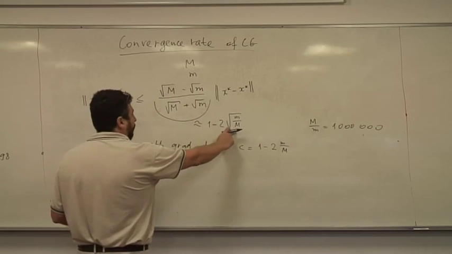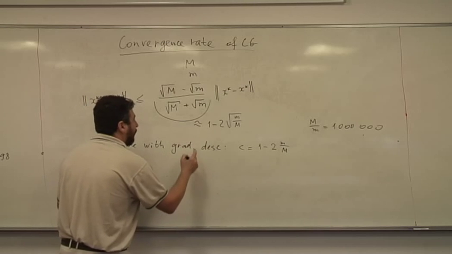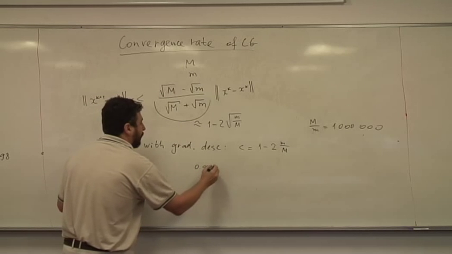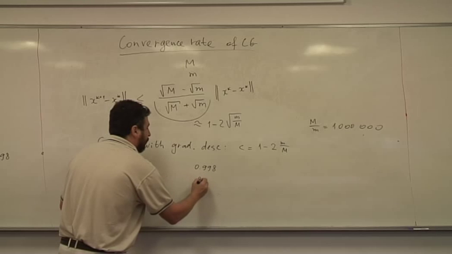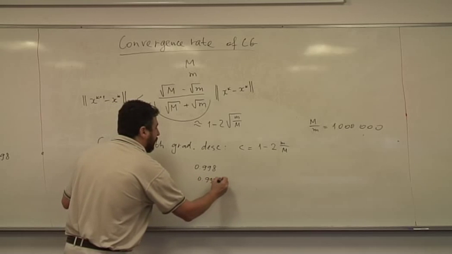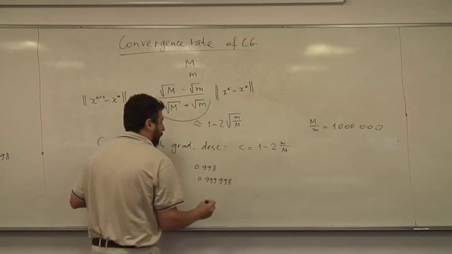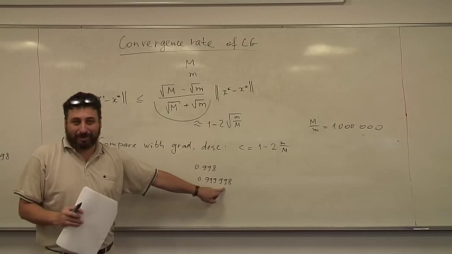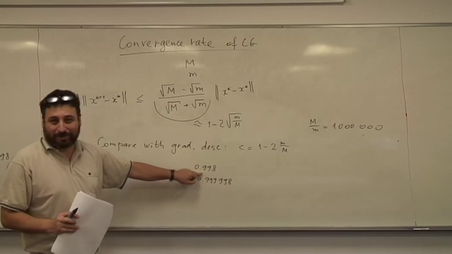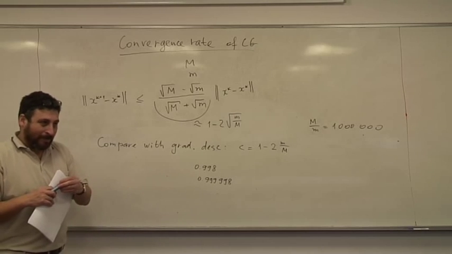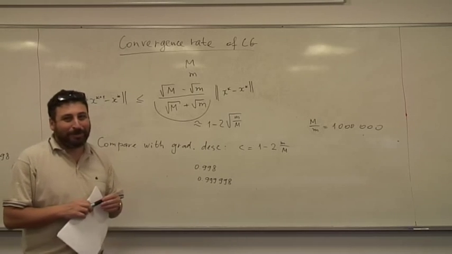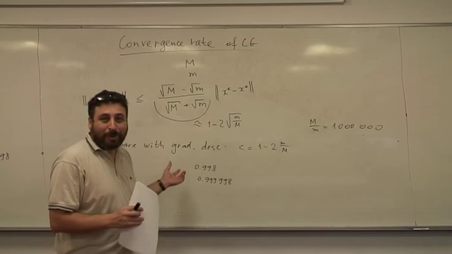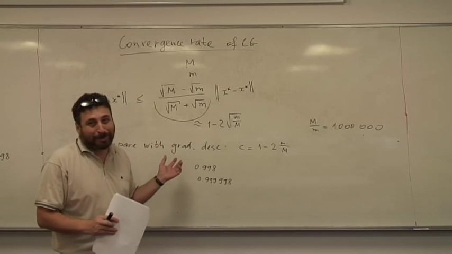Then for conjugate gradients we will get a convergence rate like 0.998. And for usual gradients, we will get 0.9999998, and one can understand that it takes thousands of gradient steps to get the effect of one conjugate gradient step. And this is really important for large-scale computations, and you should also pay attention that the computational cost of one step is about the same.